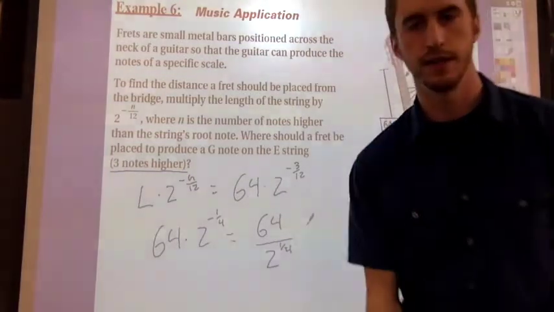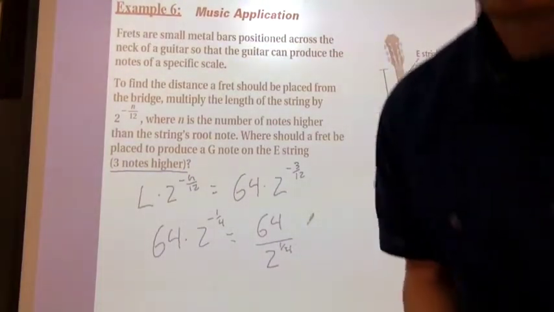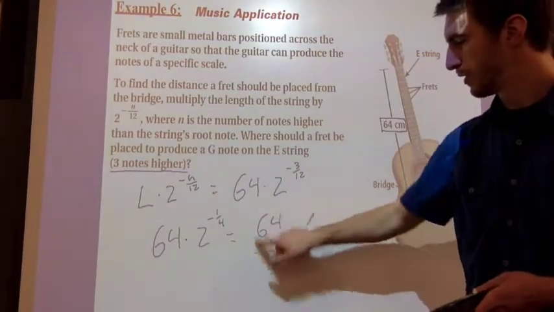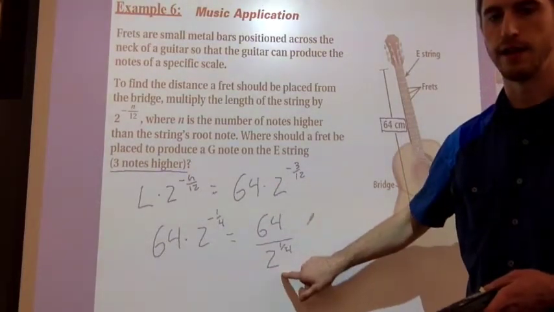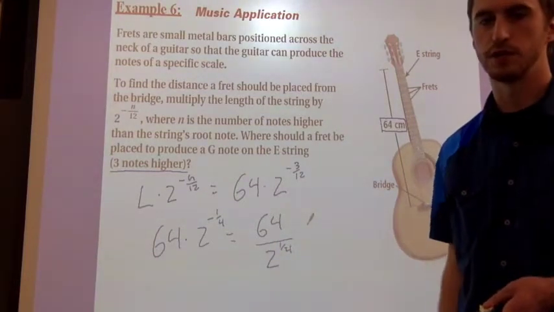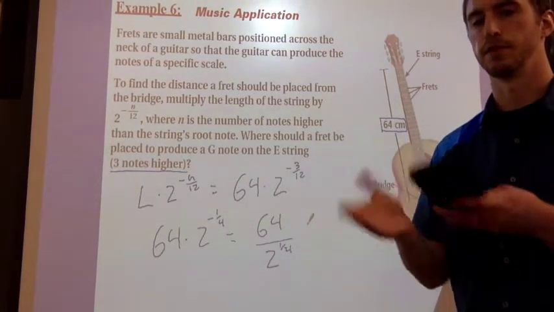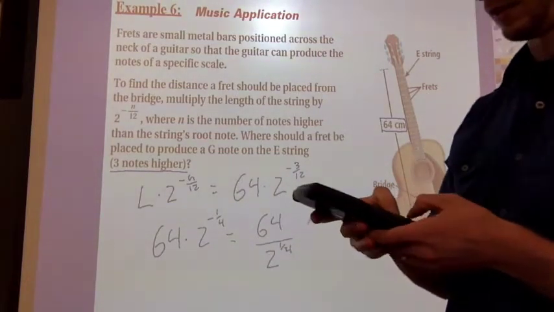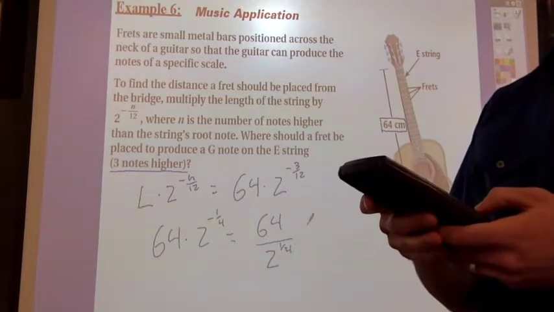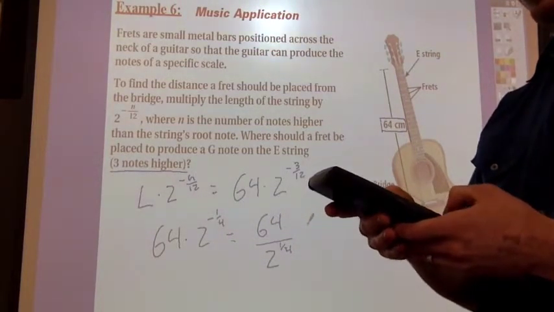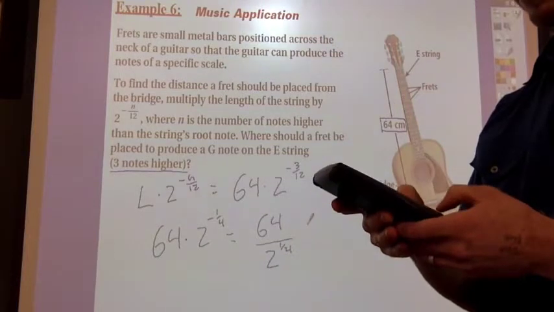Okay, and this is where I need my calculator. So I'm going to just go ahead and type this whole thing into my calculator as is. And whenever you're using rational exponents, always put parentheses around them. So what it's going to look like is 64 divided by 2 raised to the 1/4.